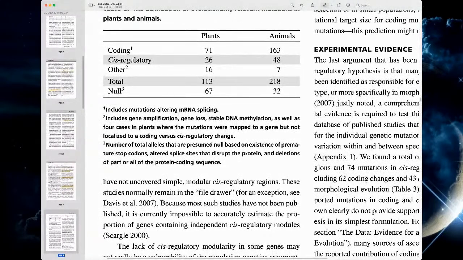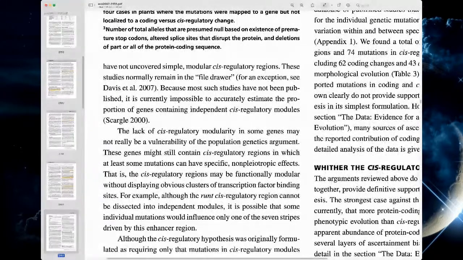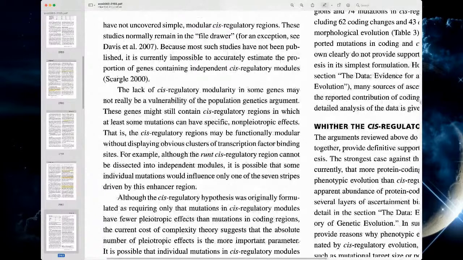These studies normally remain in the file drawer. Because most such studies have not been published, it is currently impossible to accurately estimate the proportion of genes containing independent regulatory modules. Okay, so I think they're basically saying there's not enough evidence. Yep. That there may be some statistical effects.